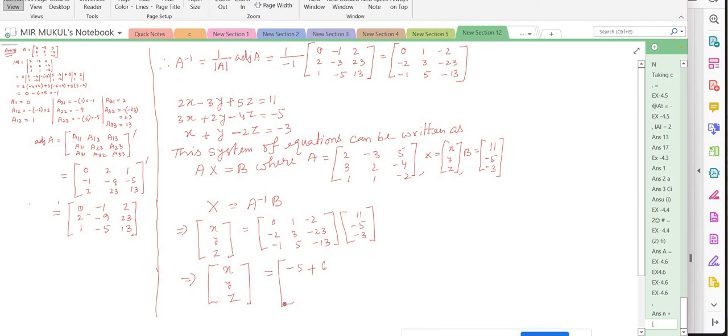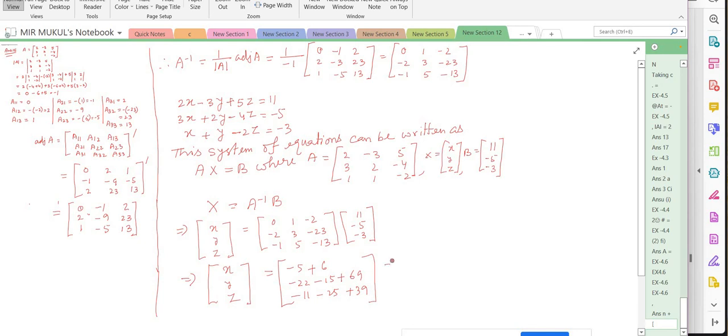Second row, second column, minus 22 minus 15 plus 69. Then third row, first column, minus 11, then minus 25 and plus 39.